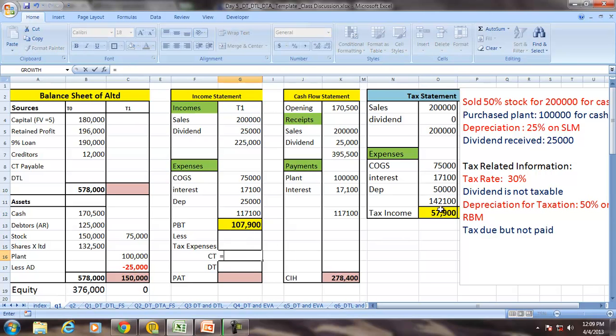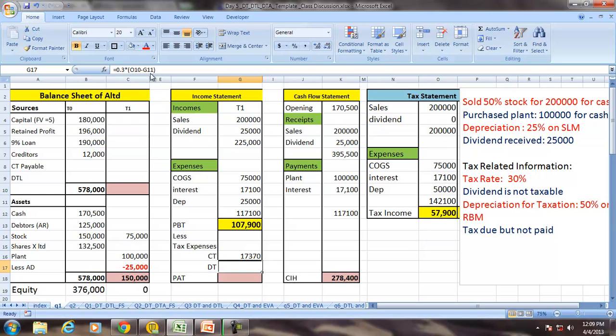If the accounting profit is not the same as the tax profit, according to the accounting standard we have to show the current tax, and the current tax is on the taxable income. Along with that, it is necessary to show the deferred tax, and the deferred tax is the tax on the timing difference, 50,000 minus 25,000.